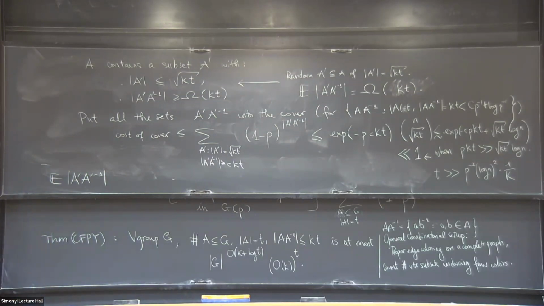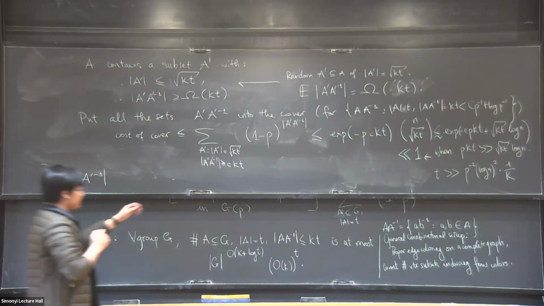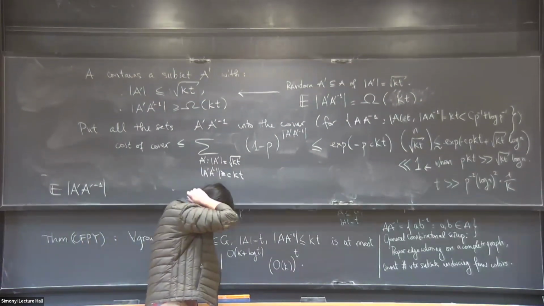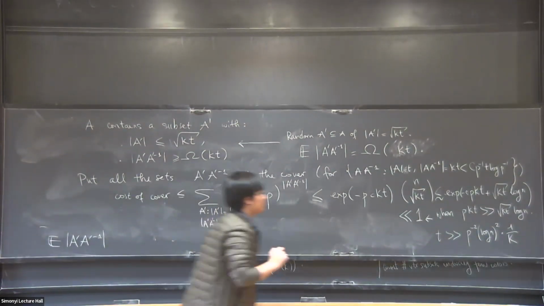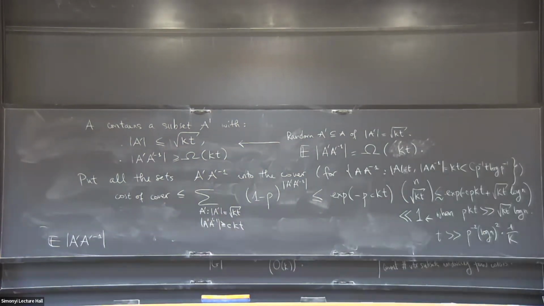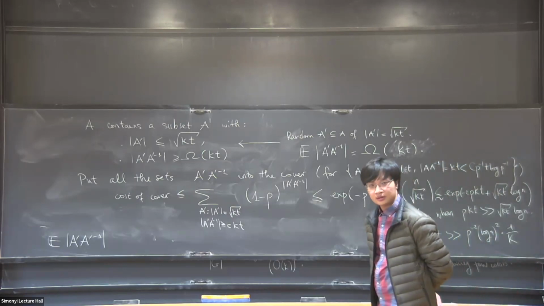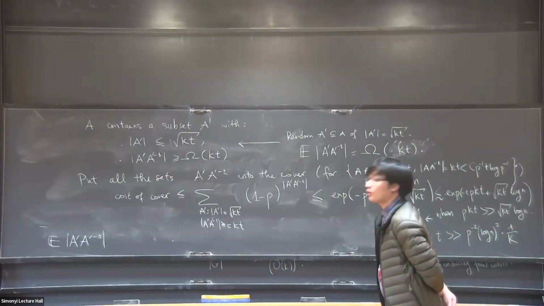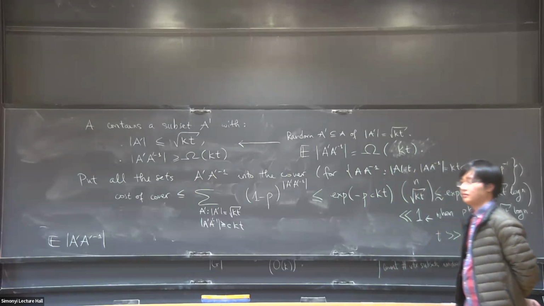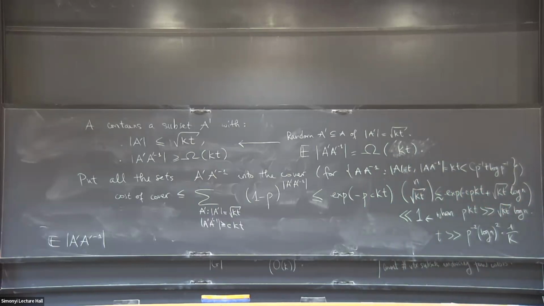Let me say this, jumping ahead of myself a little bit. It's a graph theory thing, right? You have a dense graph, and you are looking at a sparse set that spans most of the edges. Right.